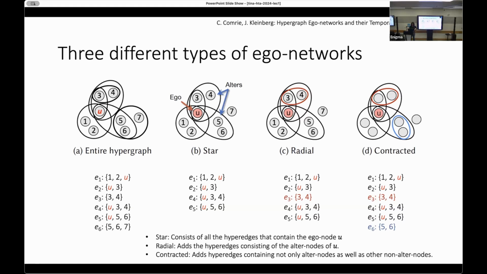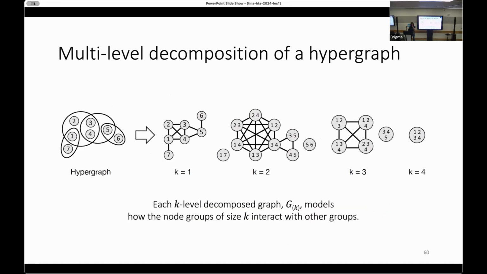So more structure that you can capture. Why are these interesting? If you can reduce your hypergraph to a series of hyper egos, then you can learn on those hyper egos instead of the hypergraph itself. For example, you can parallelize, etc.